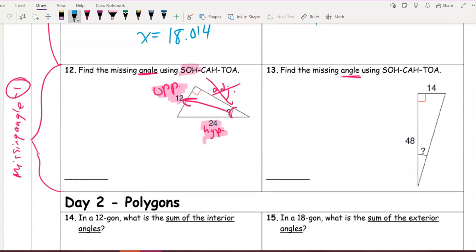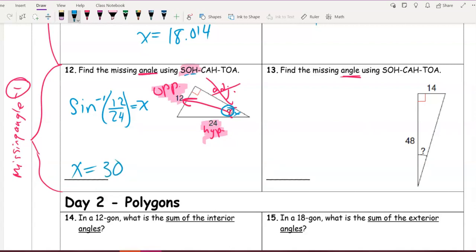So we're going to say sine -1 with our fraction on the inside, O over H, 12 over 24, equals our missing angle. We'll call that angle X.